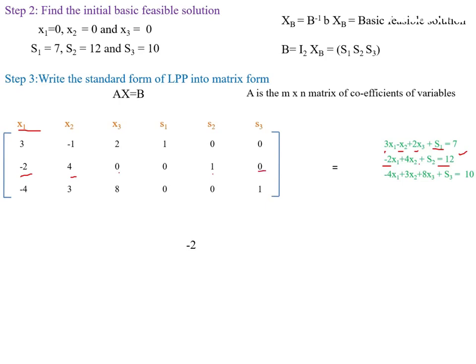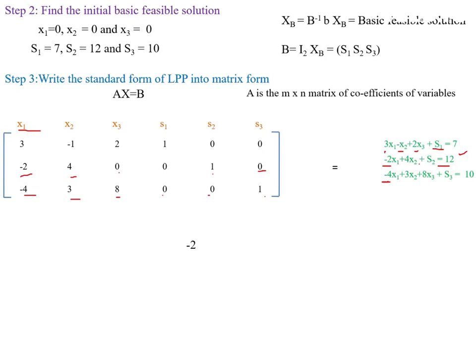Next we go to the third constraint. Here the coefficients for the variables are minus 4 for x1, then 3 and 8. There is no S1 and S2, so it is 0, 0, and the S3 coefficient is 1.